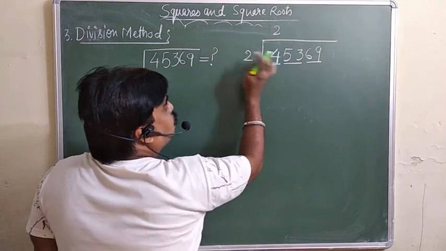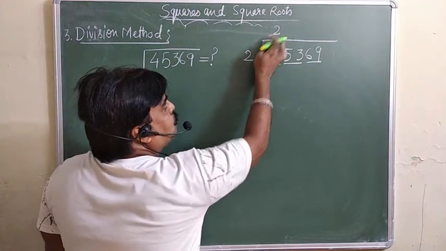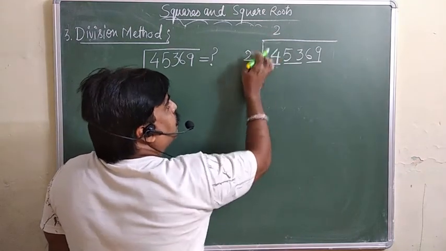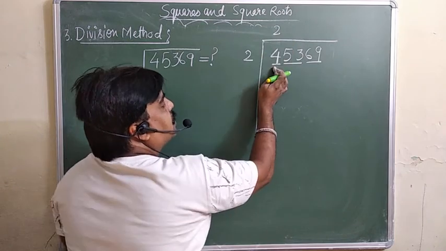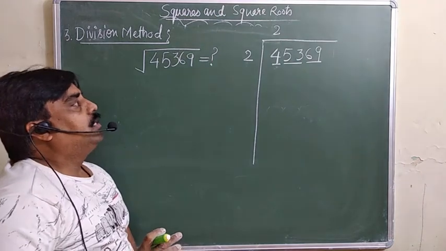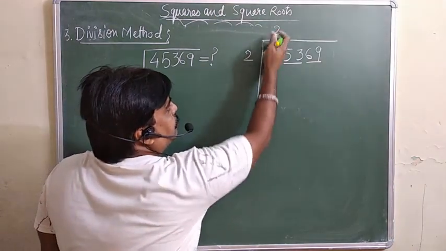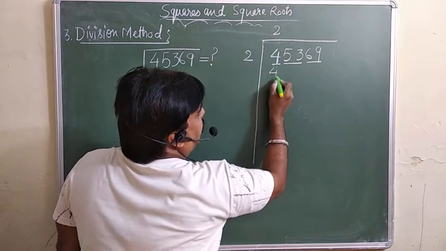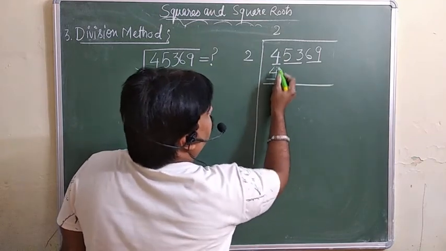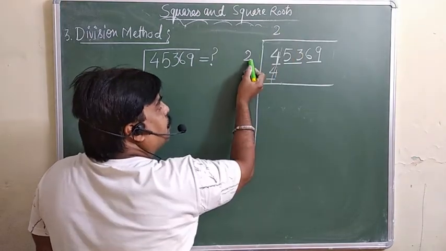Like suppose you are taking 2 into 2, 4 is here. If you take 3, 3 into 3 is 9. 9 is more than this 4, so 3 you cannot take. You are supposed to take the number 2. So 2 and 2. Whatever number you take here, the same number. Product करेंगे दोनों का, 4 is here. And then you are supposed to subtract. Subtract here. This one is cancelled out. Now what will we do? This same number we are supposed to add here.